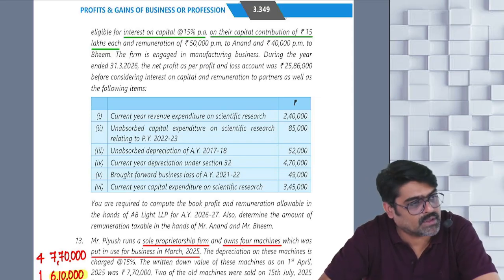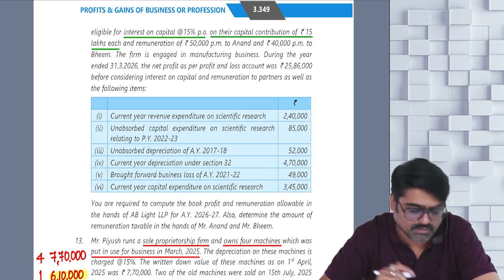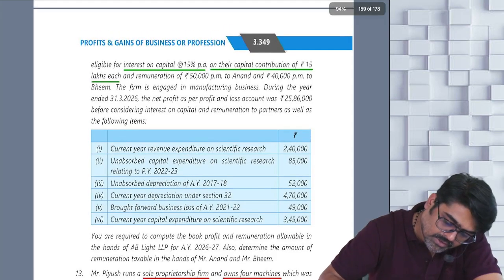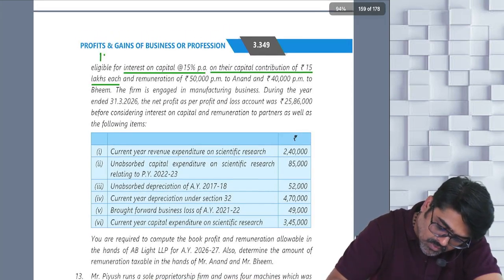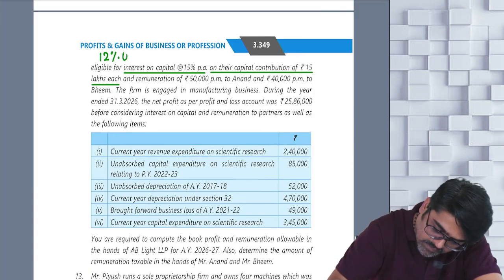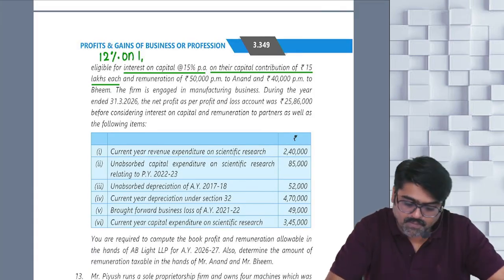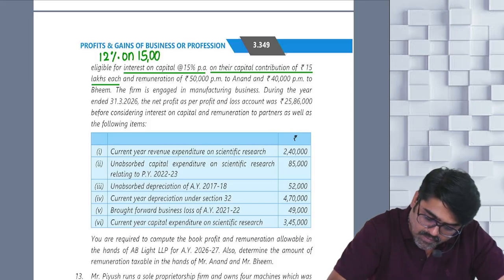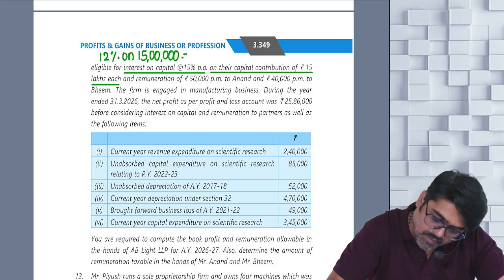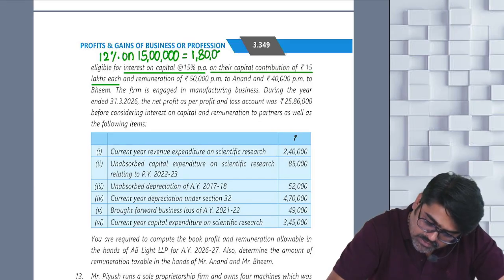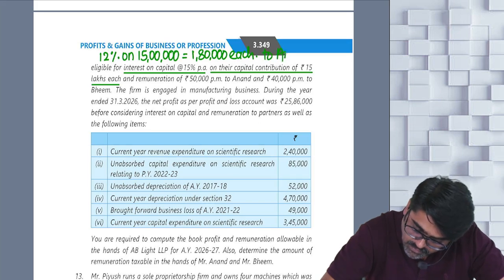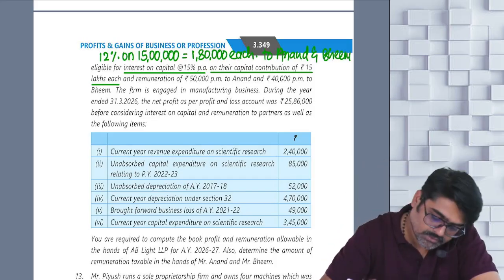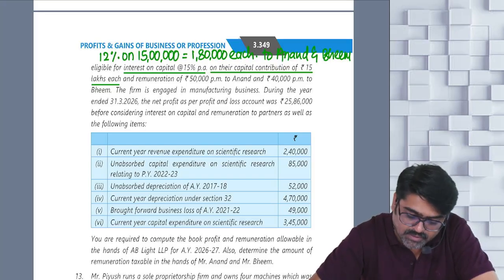Full 15% will be allowed, or only 12%? So 12% on 15 lakhs will be 1,80,000 each to Anand and Beam. Yes or no? So now 1,80,000 will be allowed.